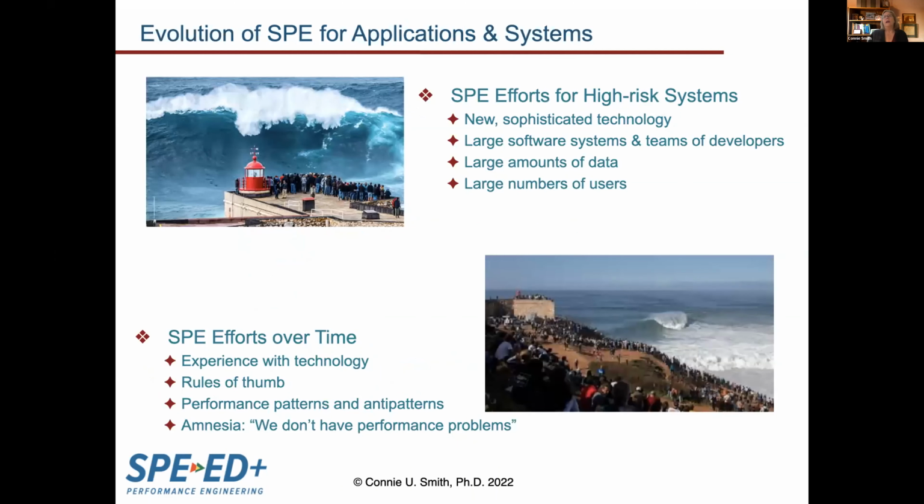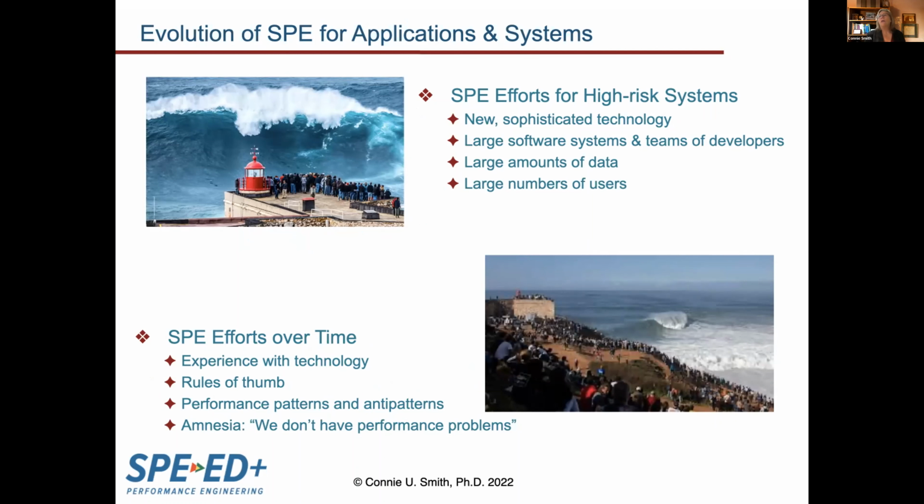So let's look at how these techniques were applied over time. In the early days, we focused on high-risk systems. Usually it was new technology, fairly sophisticated technology, very large software systems where you needed large teams of developers, and coordinating all of the software that was going to be deployed at once was a problem.